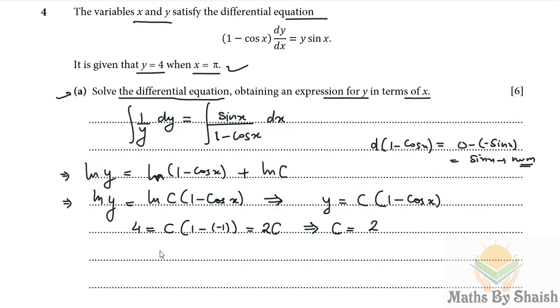The solution is going to be y equals 2 times (1 minus cos x), and at the same time we got the expression for y in terms of x. So this is going to be y equals 2 times (1 minus cos x).